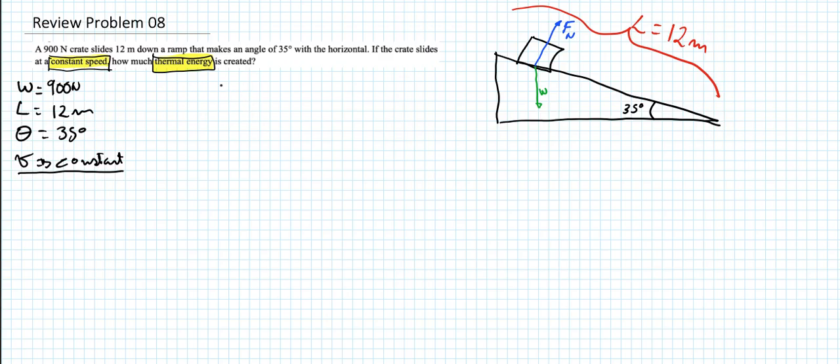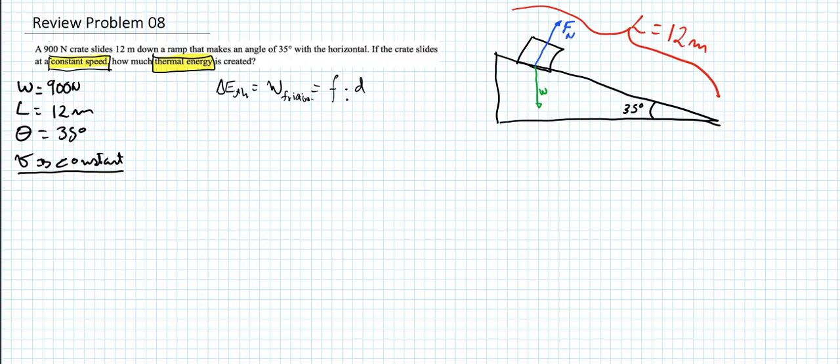In which way? The thermal energy will be equal to the work done by the friction force. So it's going to be the work of the friction force, which means the friction times the distance over which this friction is applied.